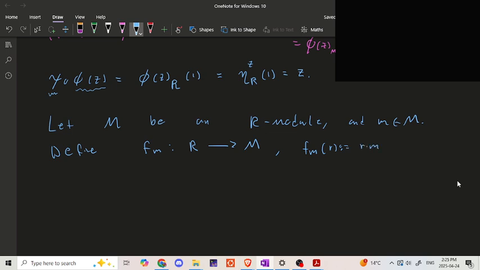So I claim, and you can verify this for yourself, I always have to remind you to yell at me in the comments if this upsets you or you get stuck, this is an R module homomorphism from R into M. So what am I trying to show?